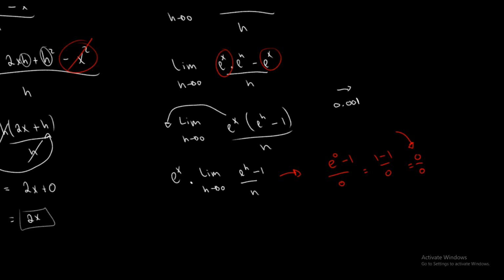Now we can see the closer values we put in, instead of h we put 0.001. In that case, the limit as h approaches 0 for e to the h minus 1 over h suggests that the limit is 1. It doesn't necessarily tell us 1 because we cannot exactly find 1.